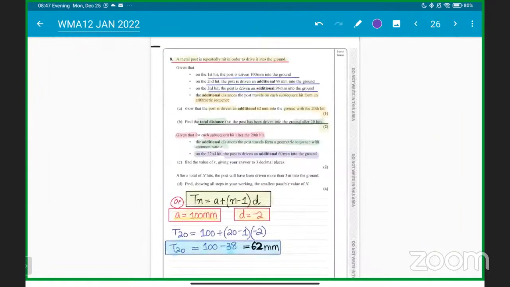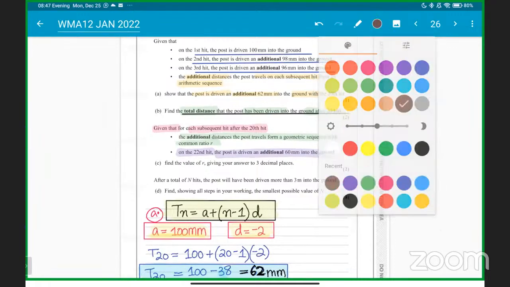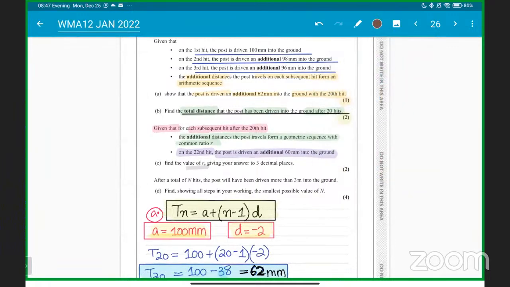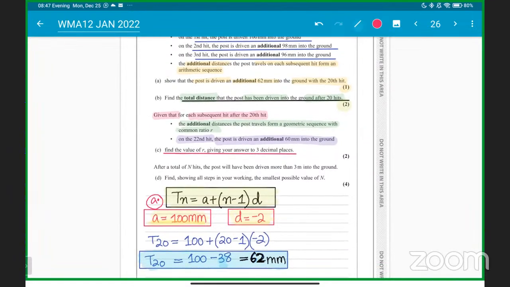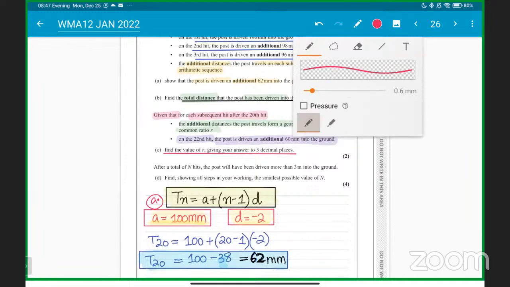We have seen part A and part B. We have to now find the value of r. What is r, students? r is the common ratio in the geometric sequence, right? We have to give the answer to 3 decimal places, for 2 marks.